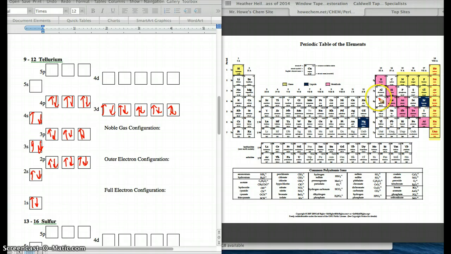That'll come up later. After 36, so 37, 38, 39, 40, 41, 42, 43, 44, 45, 46, 47, 48, 49, 50, 51, 52. So there's all of our electrons.